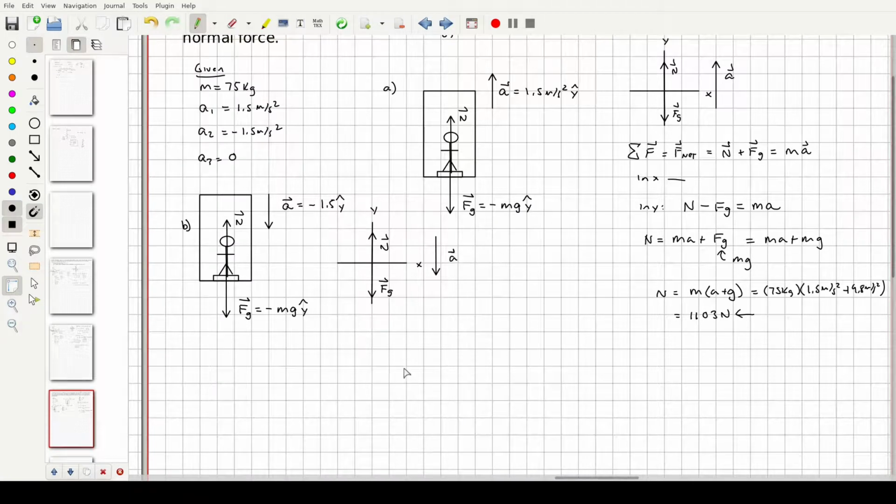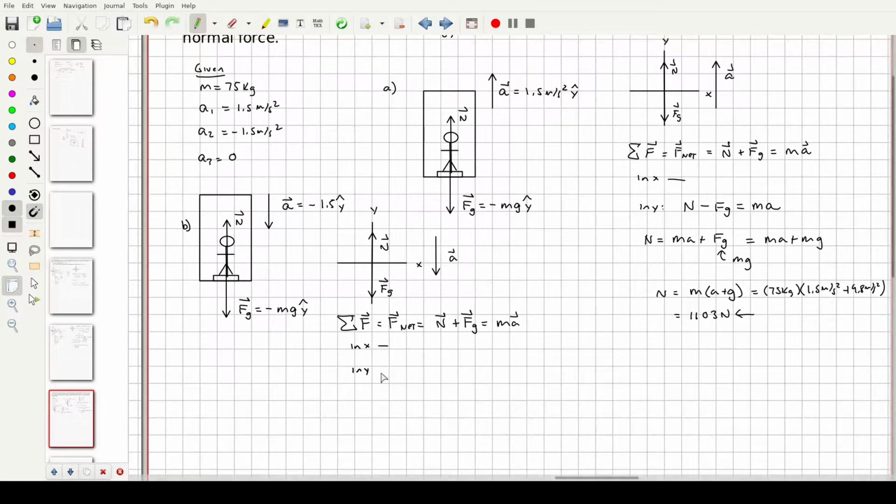Right? So here, when you sum up your forces to get the net force, you have a normal force that points up, you have a weight that points down. And that's definitely not going to be equal to 0, right? So if you take into account directions, obviously in the x direction, nothing interesting is happening.